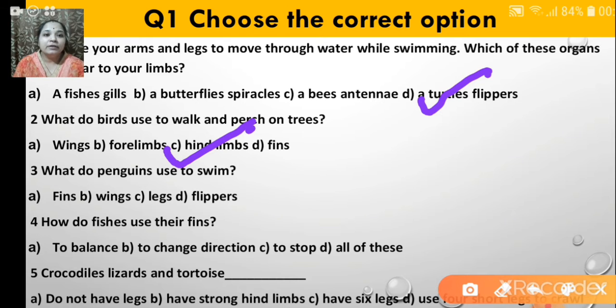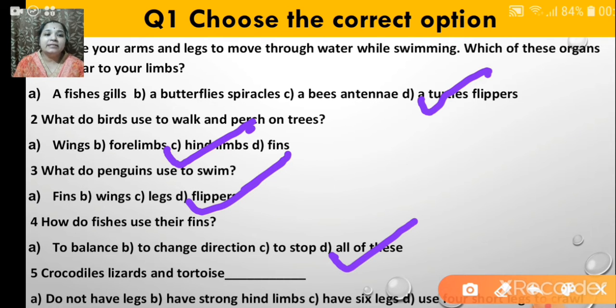Penguins use their flippers to swim. How do fishes use their fins? To balance, to change direction, to stop, or all of this? So the correct answer is D, all of this.